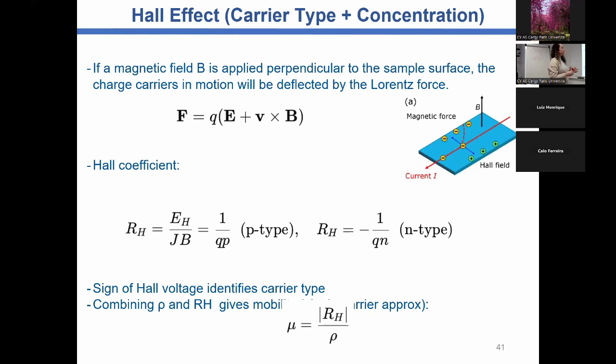So why must we know the mobility? Because if you have a different mobility in your devices, for instance, as we design them layer by layer, different mobility will also give different charge accumulation.